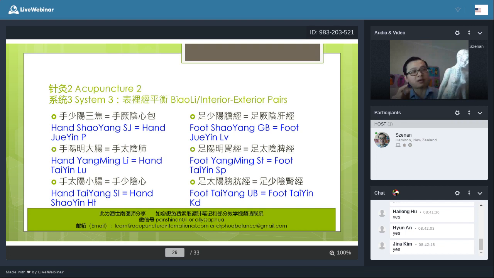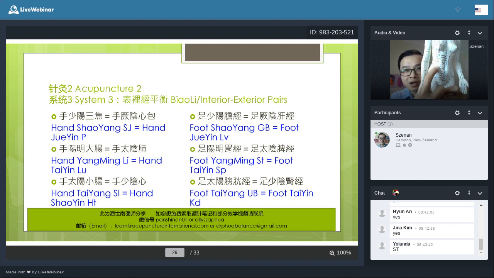If the pain is over here, which is the spleen meridian, your acupuncture 1 sick meridian is the spleen meridian. For acupuncture 2, I want you to type out system 3. System 3, 表里 relationship.